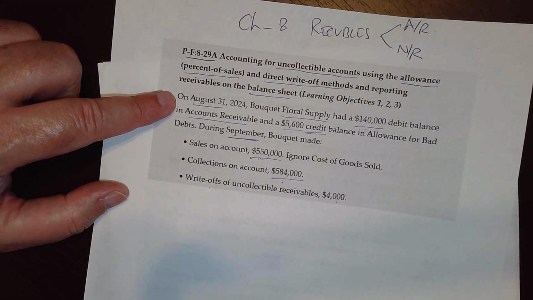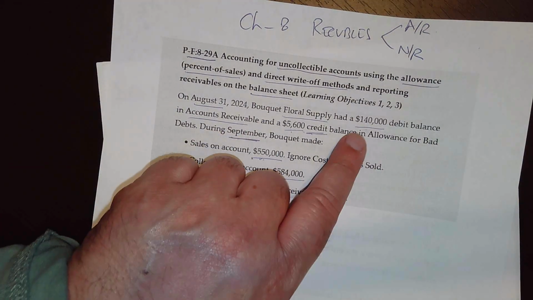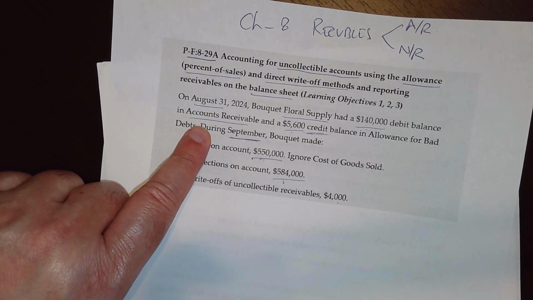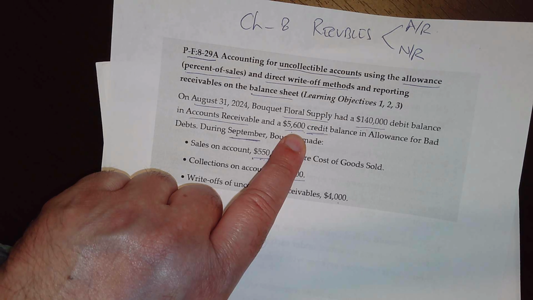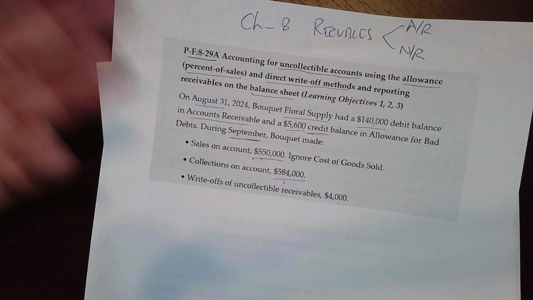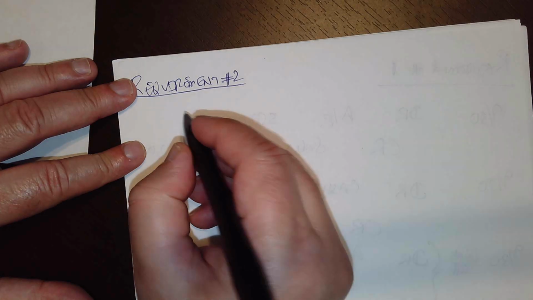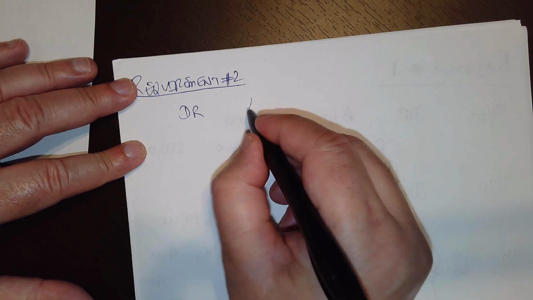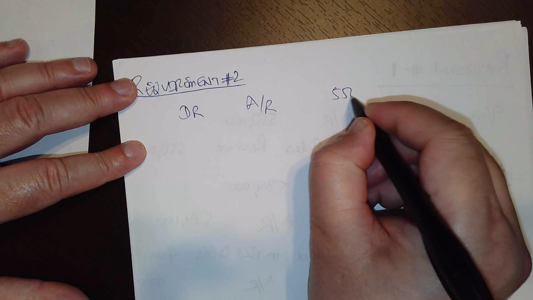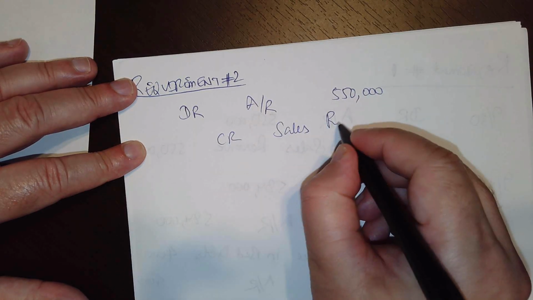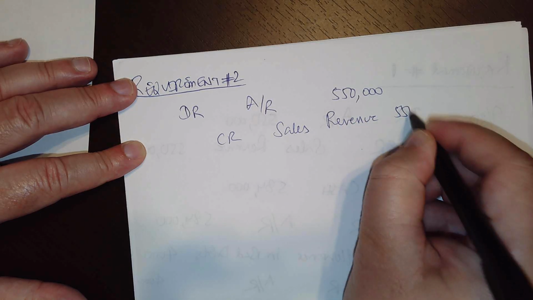For example, it provides us information that on August 31st, 2024, Flora Supply has $140,000 of accounts receivable balance, and then $5,600 in credit balance, but we do not use a credit balance here because we're not using the allowance. The sale on account is $550,000, so we debit accounts receivable for $550,000 and credit sales revenue for $550,000.